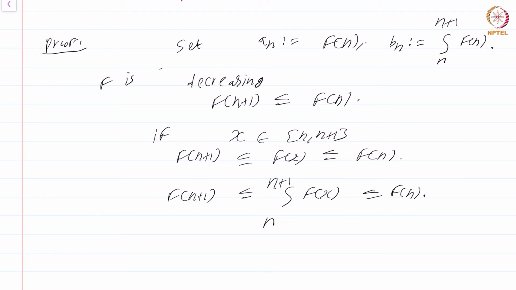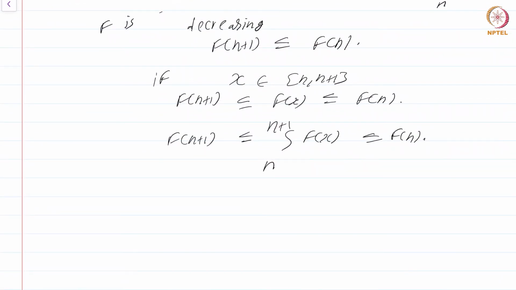Now what I can do with this is translate it in terms of a_n's and b_n's. So what we get is 0 is less than a_{n+1}, which is less than or equal to b_n, which is less than or equal to a_n. So b_n is sandwiched in between a_{n+1} and a_n.